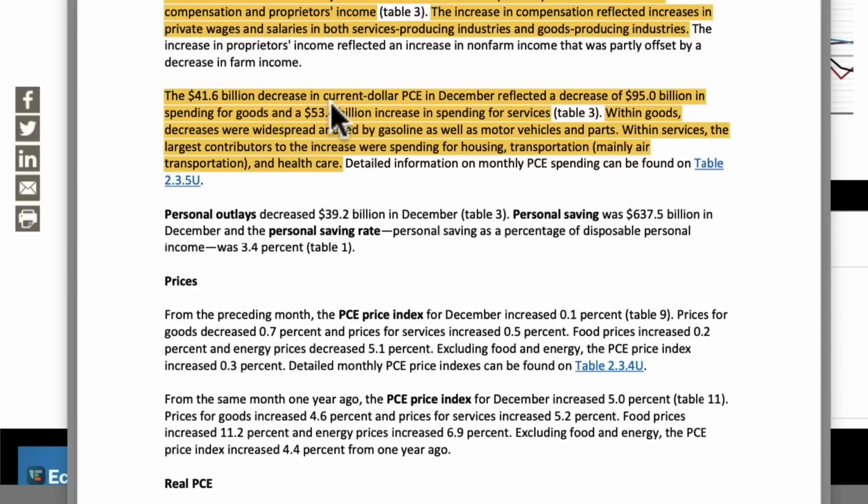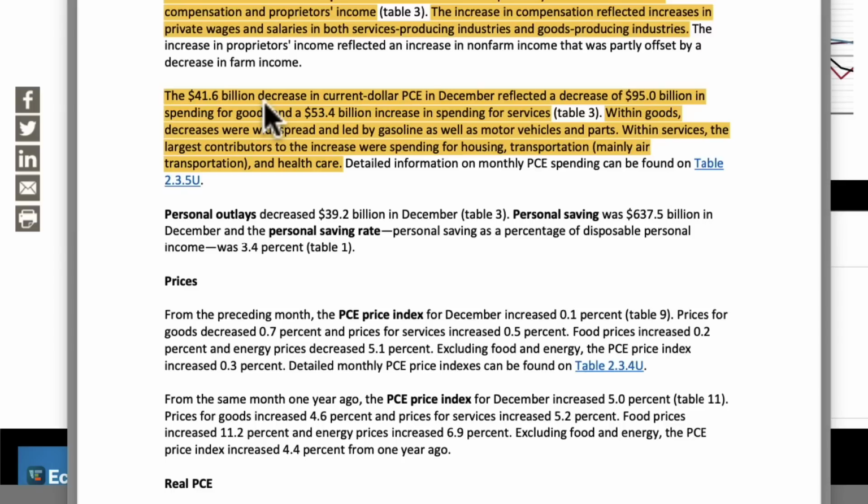The 41.6 billion decrease in current dollar PCE in December reflected a decrease of 95 billion in spending for goods and a 53.4 billion increase in spending for services. This was in December. You actually had negative growth in personal consumption. What we saw in GDP was a 3/4 consumption component, which contributed positively towards GDP.